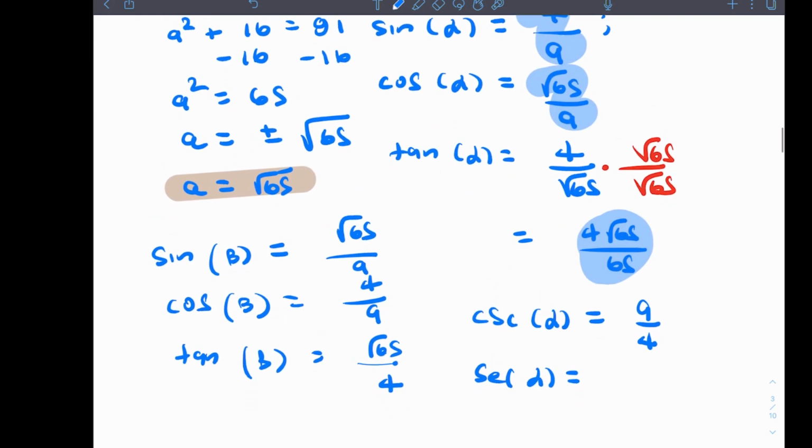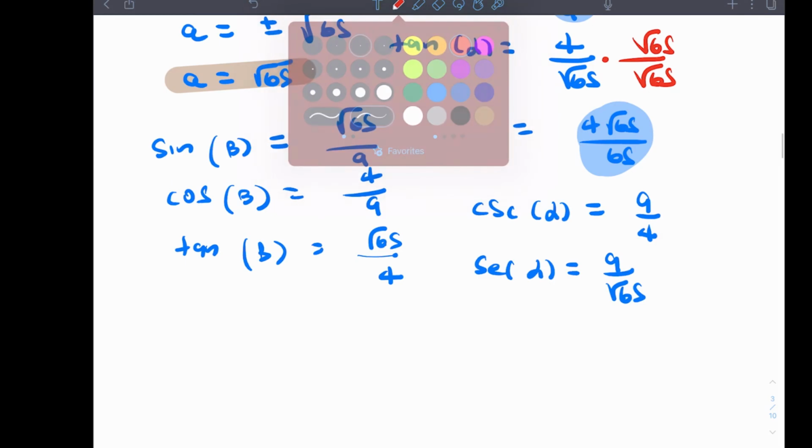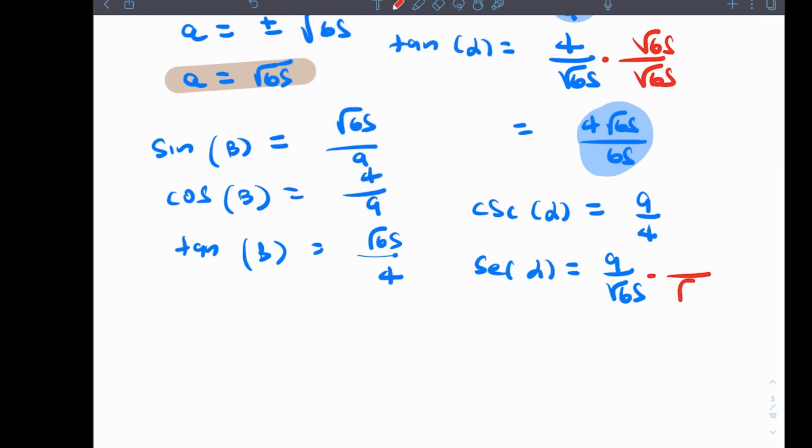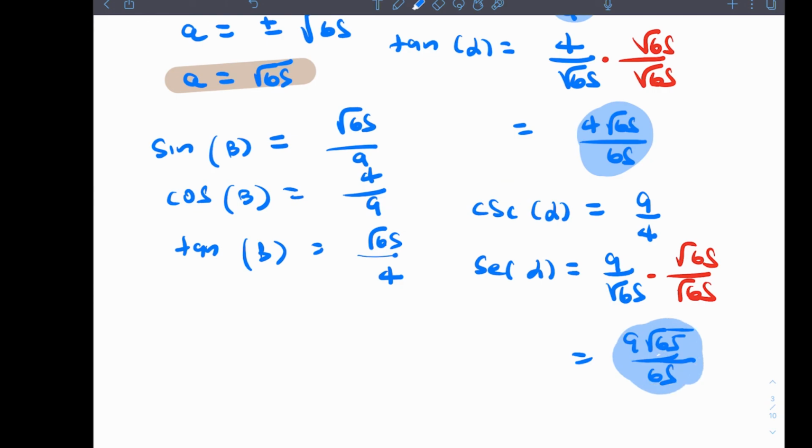Flip what fraction? 9 over the square root of 65. Uh-oh. What do you have to do? Rationalize the denominator. So, ladies and gentlemen, when you do, you get what? 9 square root of 65 over 65. There you guys go.